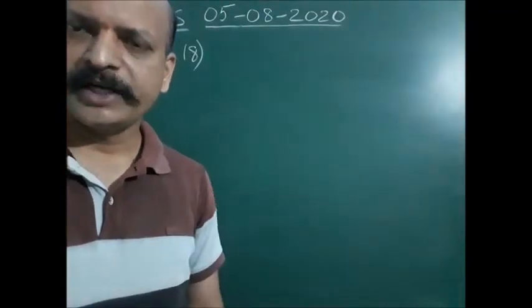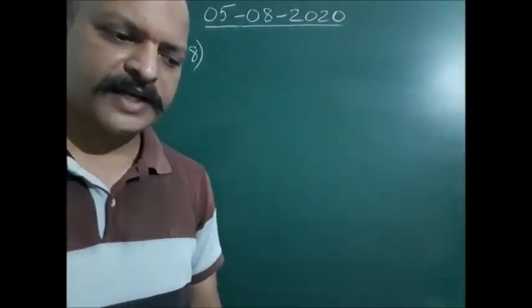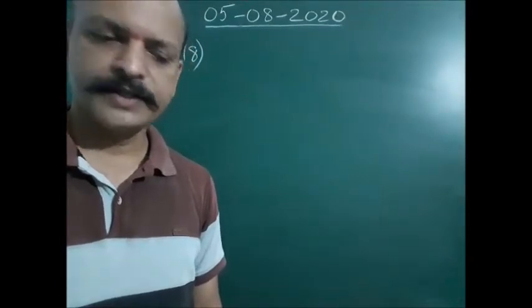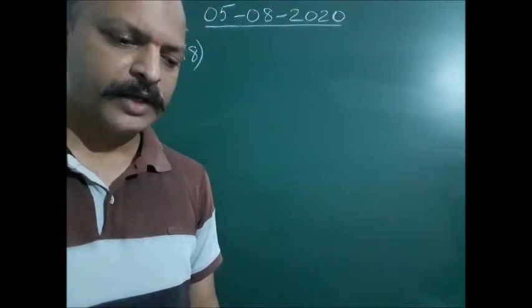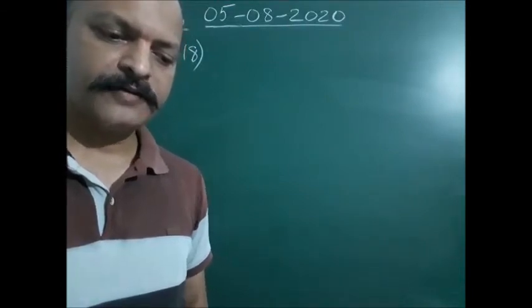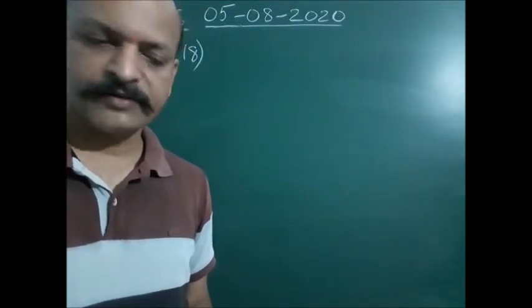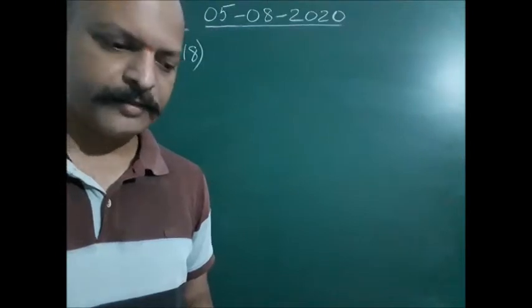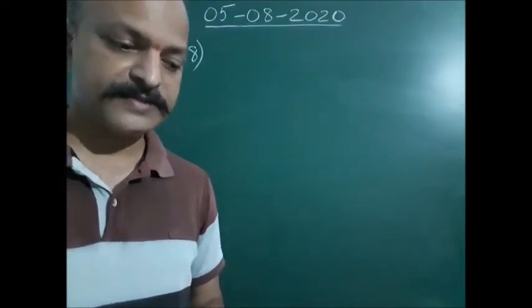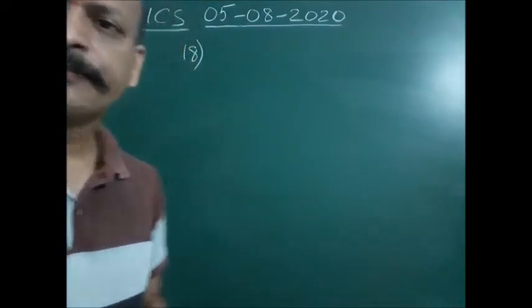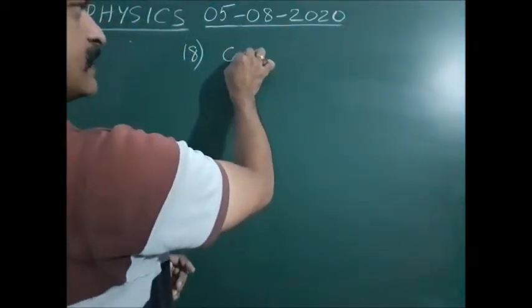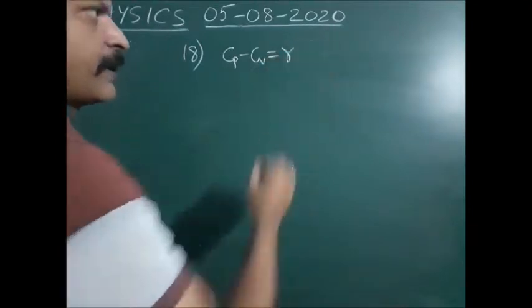Okay, that is the Cv value. Next, let us see question number 18. The specific heat of air at constant pressure is 1.005 kilojoule per kg Kelvin, and the specific heat of air at constant volume is 0.718 kilojoule per kg Kelvin. The specific gas constant is small r. So we know that small Cp minus small Cv is equal to small r.